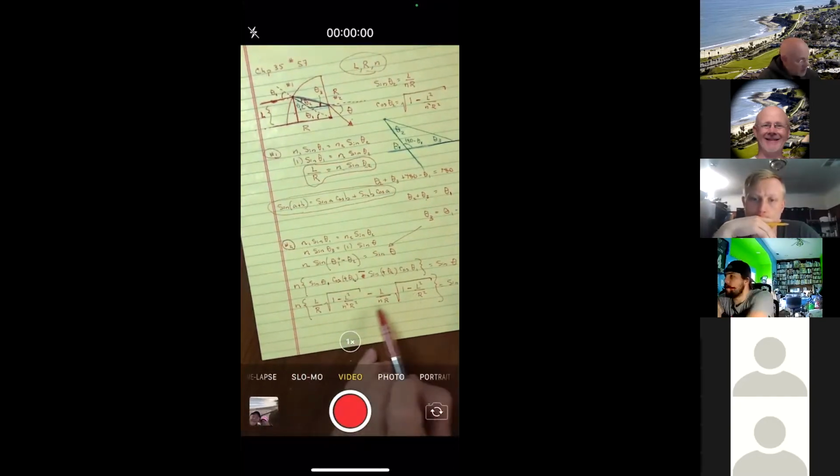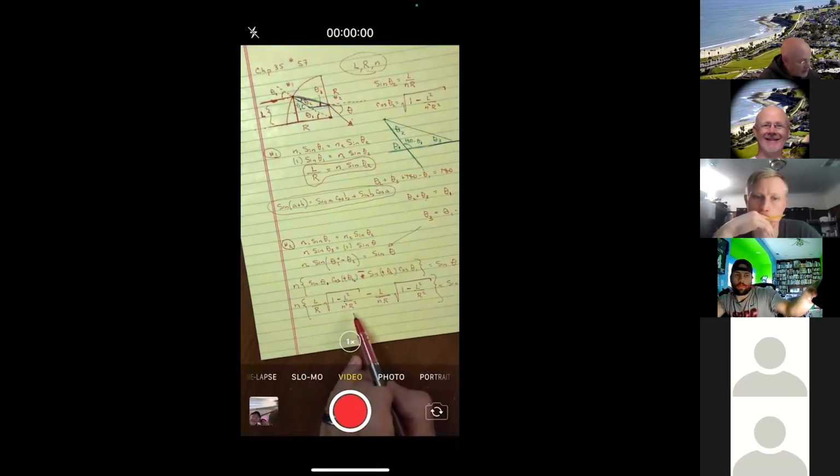Trying to see if I can make this square root look like that square root. It doesn't seem likely.